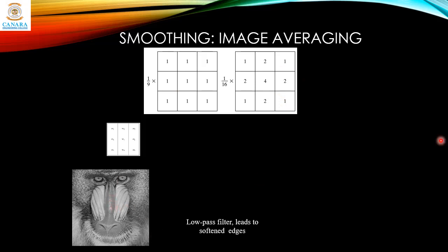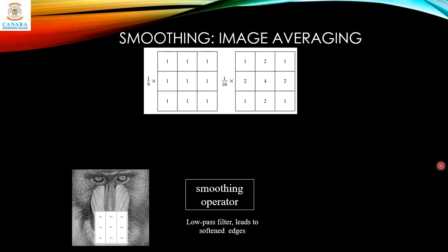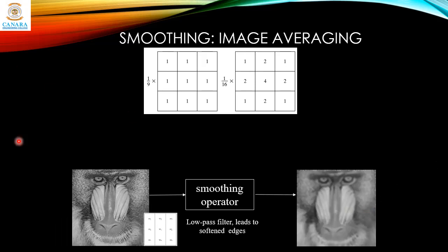So what we do here is we have a filtering mask like this, and we have the input image, and if you use this smoothing operator which moves around this image pixel by pixel, all rows and columns are covered. So how it looks is, you're convolving like this, and then this is the output.